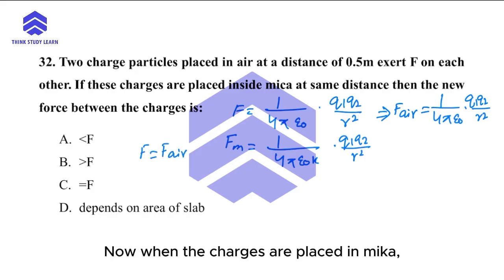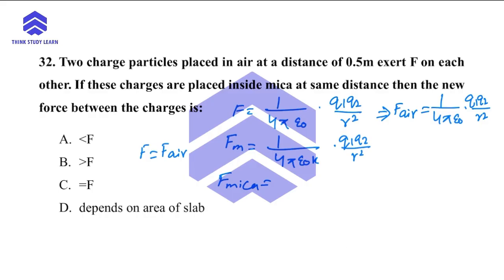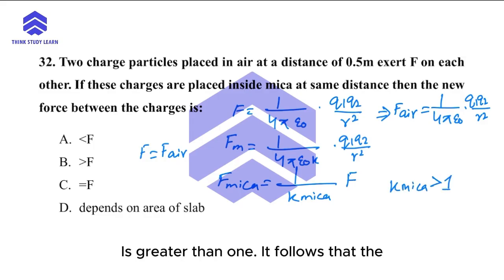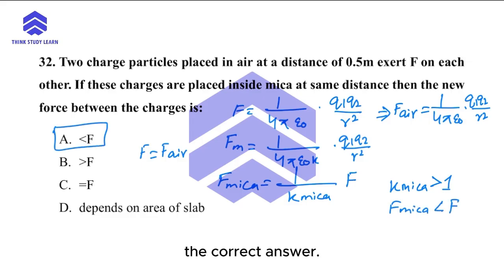Now, when the charges are placed in mica, the dielectric constant of mica, K mica, is greater than 1, typically around 6 or 8. So, the force in mica will be F mica is equal to 1 over K mica into the force. Since K mica is greater than 1, it follows that the force in mica will be smaller than the actual force. Hence, option A is the correct answer.